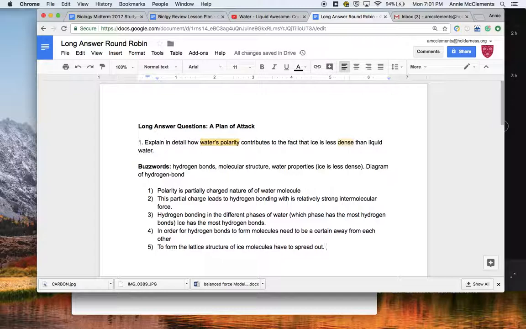And you might want to say that this is unique, right? Most substances in their solid form are more dense than liquid form, right?